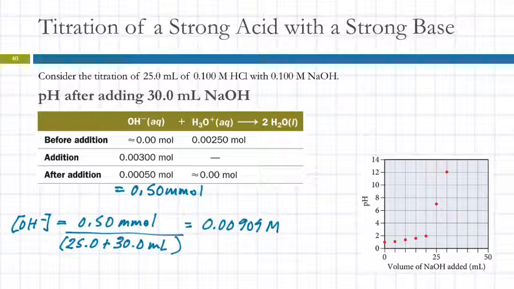So I could find pOH. Now choose your way around the circle of pH. The pOH is 2.04.